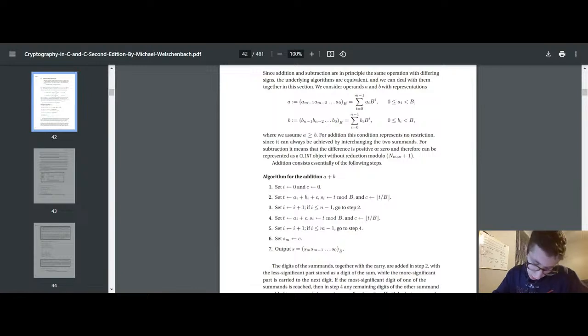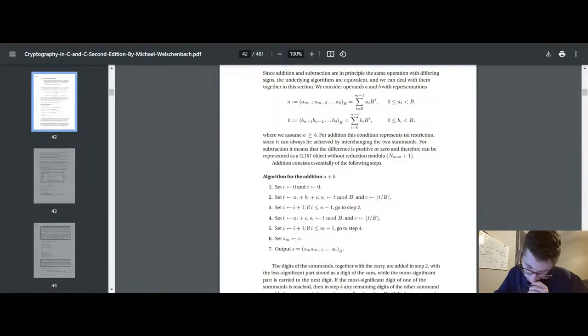I equals 0, C equals 0. Set T equals AI plus BI. So 4 plus 9 is just 9. That's our T, plus C. S of I, or S of 0, is equal to T.